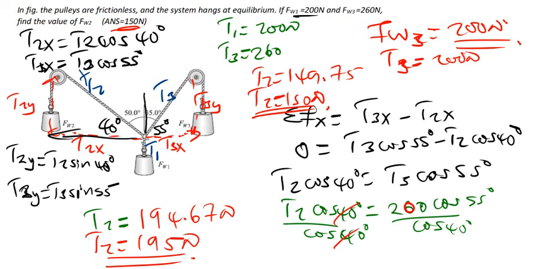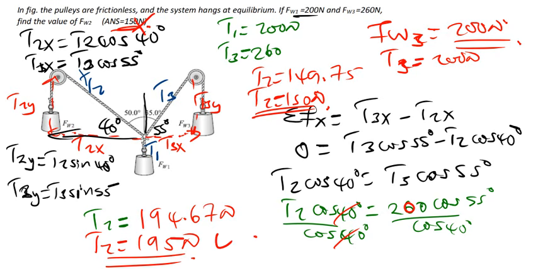So for the answer to be 150, the FW was supposed to be 200 newtons. They made a mistake, they swapped. So the way the question is, the answer is not 150, it is 195 newtons, unless they change the value to 200, and then the answer can be 150. So consider this answer wrong. The correct answer is 195.